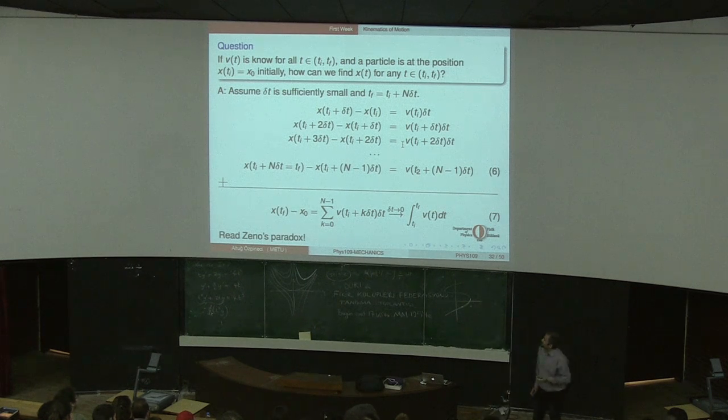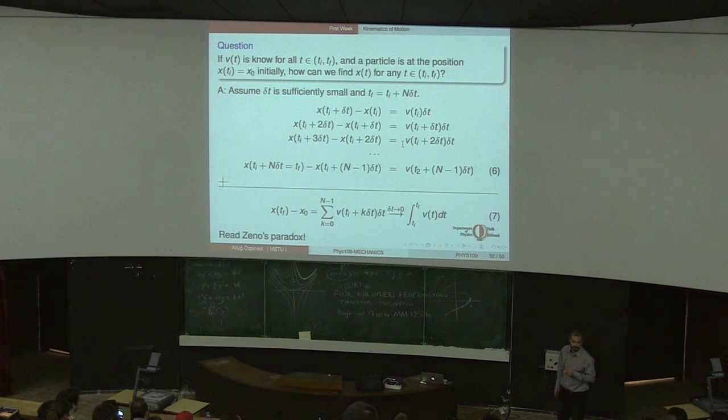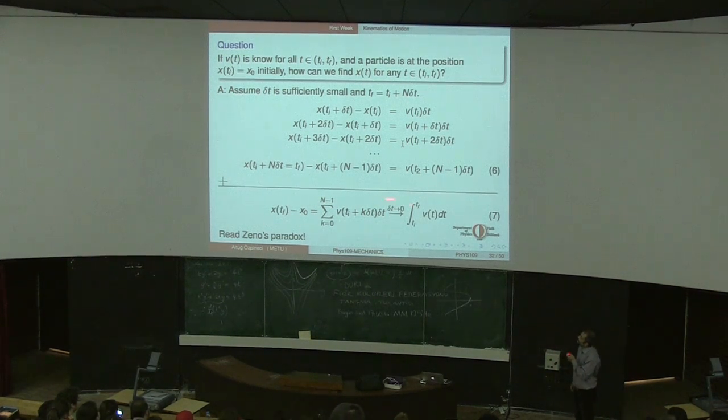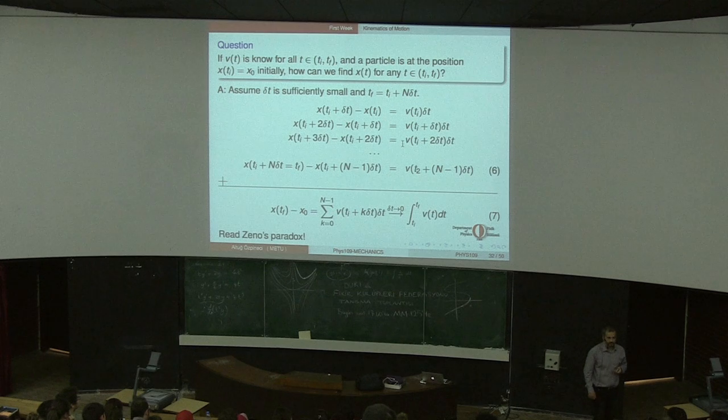Of course, this is just an approximation as long as you keep delta t very small. You have to take the limit that delta t goes to 0. And in that limit you will have infinitely many terms here. And that limit is what we call the integral of a function. Integral is in fact nothing but a fancy summation.